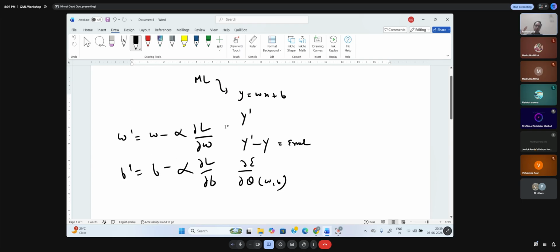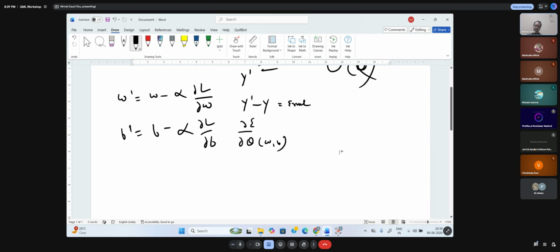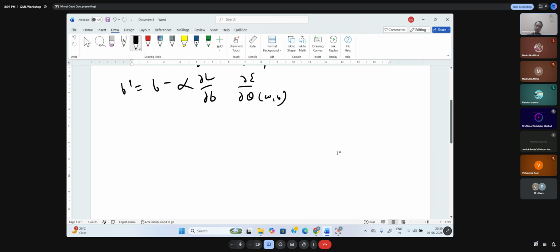We need to use the same equations for quantum, but the function is changed. Instead of wx plus b, we have U theta, a unitary circuit. Initially you are not given a quantum bit.